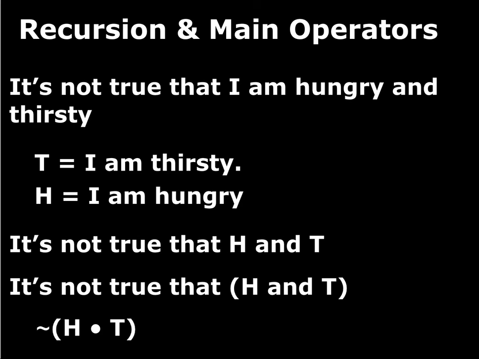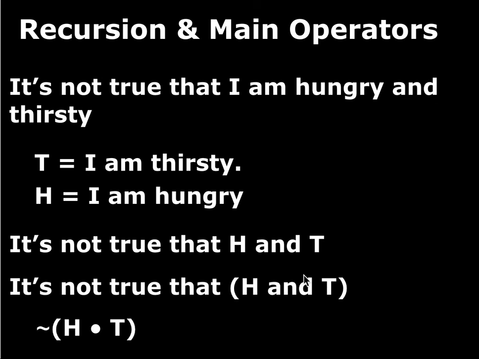Now the question is, how do you know, why couldn't you do it like this? So notice here I said it's not true that, and I have H and T in parentheses. So I went from this to this. But you might say, hey Rick, couldn't you do it a different way?